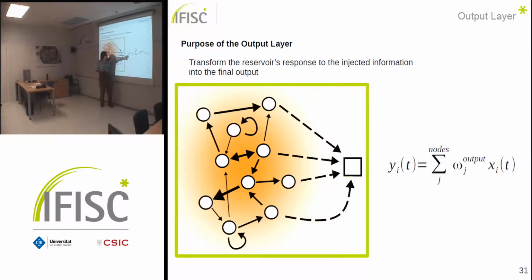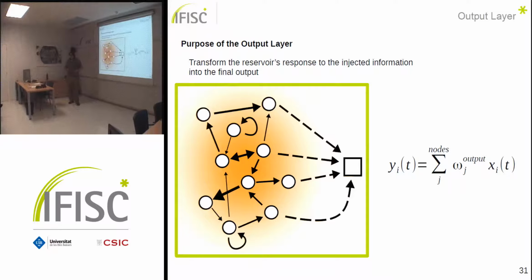The final output of your computer is a weighted summation of all the states of all the nodes in your network. So X are the states of the nodes, the N of before, but this is the general rule. Each state of the nodes is multiplied by an output weight, and then all of them are summed.